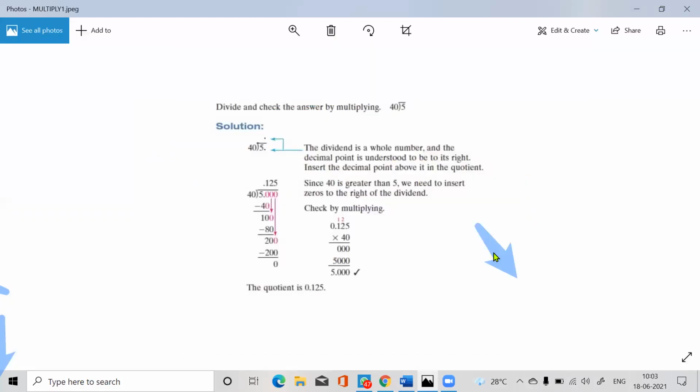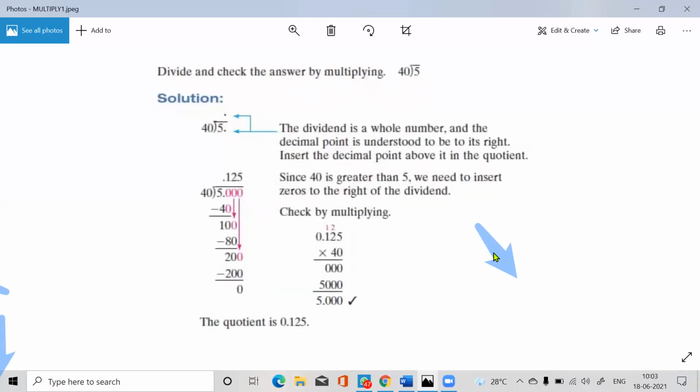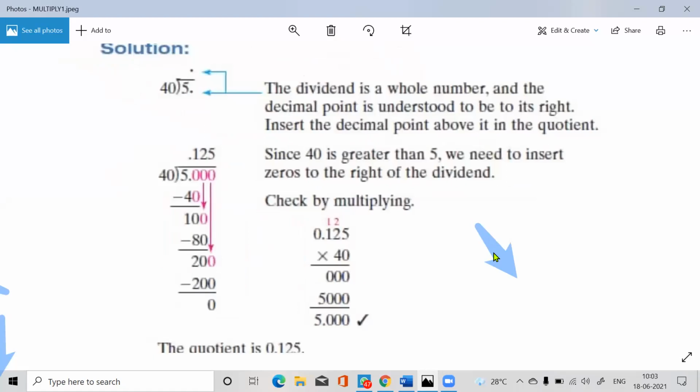See here, as it is seen on your screen, 40 is divided by 5. Remember this thing, as we know 5 is smaller than 40, we have to put the decimal, and as we put the decimal, we have to take 0 as carry from the right hand side.